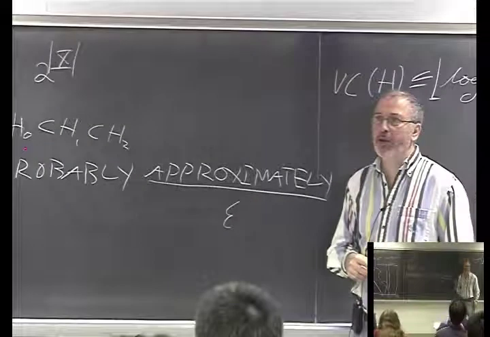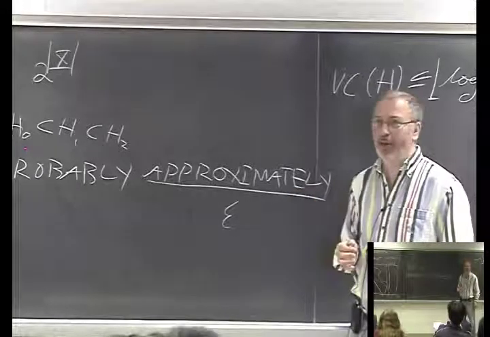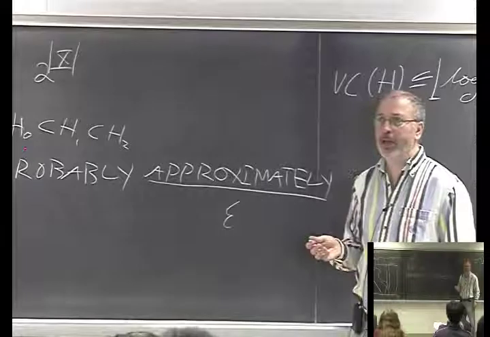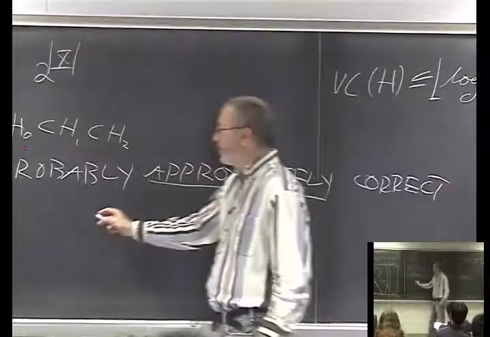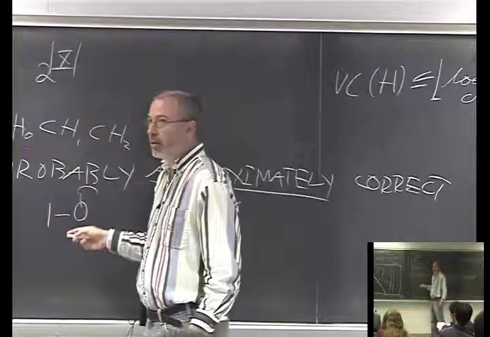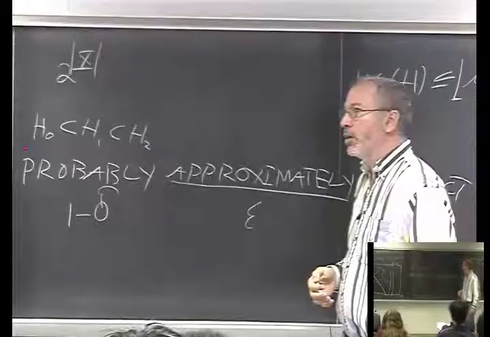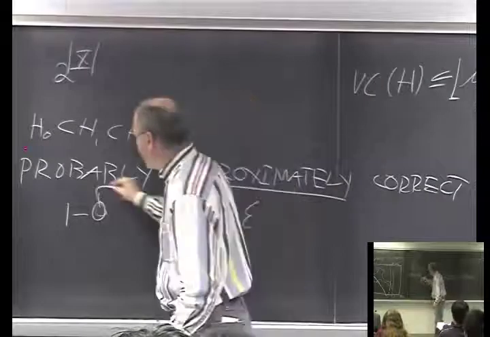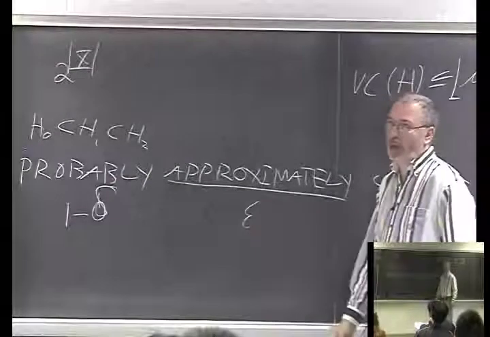If we could guarantee that we will end up with a good approximator, that would be very, very nice. But even that we cannot guarantee. What we can do is say that we're very likely to end up with a good approximator, and that's where the probably comes in. And the probably has to do with 1 minus delta, delta being the tolerable probability of failure. So with probability of at least 1 minus delta, we will get an approximator that's epsilon good, epsilon close to the truth.